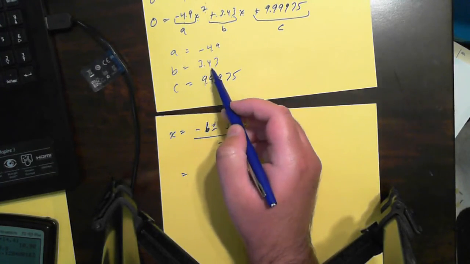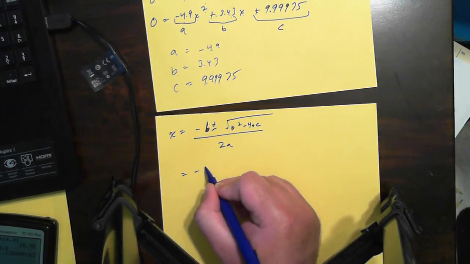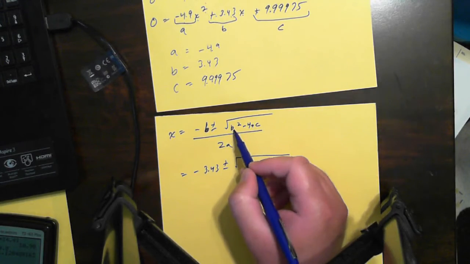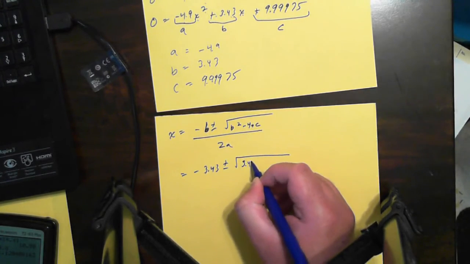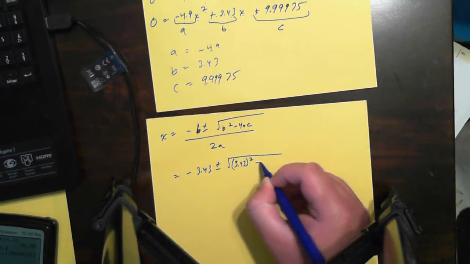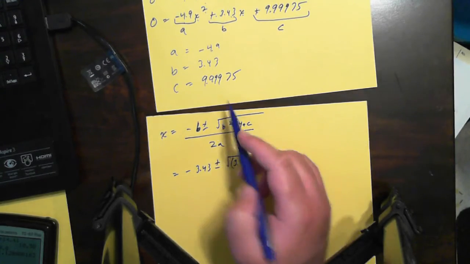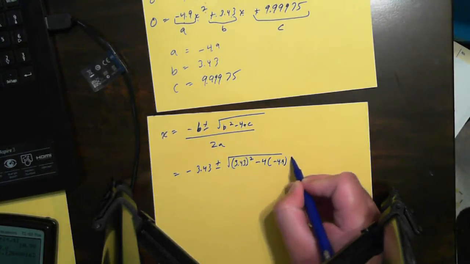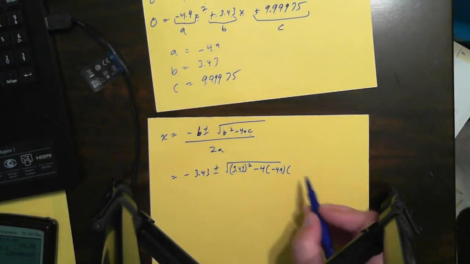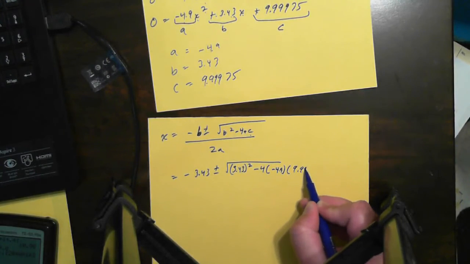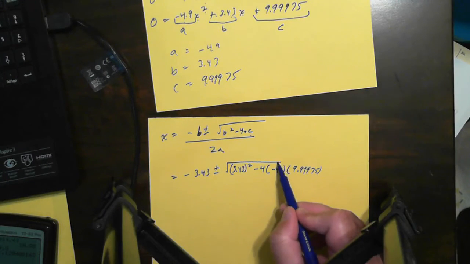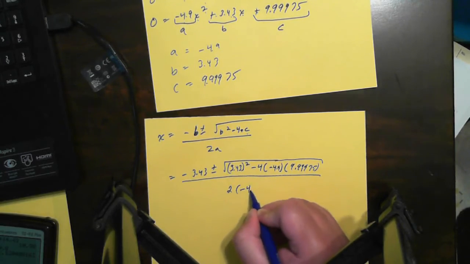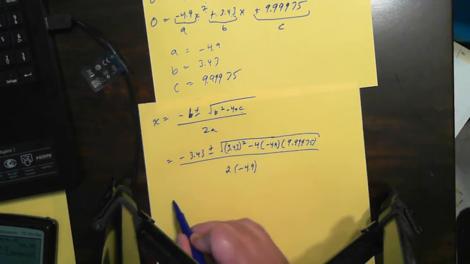Well, b is 3.43, so negative b would be negative 3.43, plus or minus the square root of b squared, 3.43 squared, minus 4 times a, which is negative 4.9, times c, which is 9.99975, all over 2 times a, which is 2 times negative 4.9.